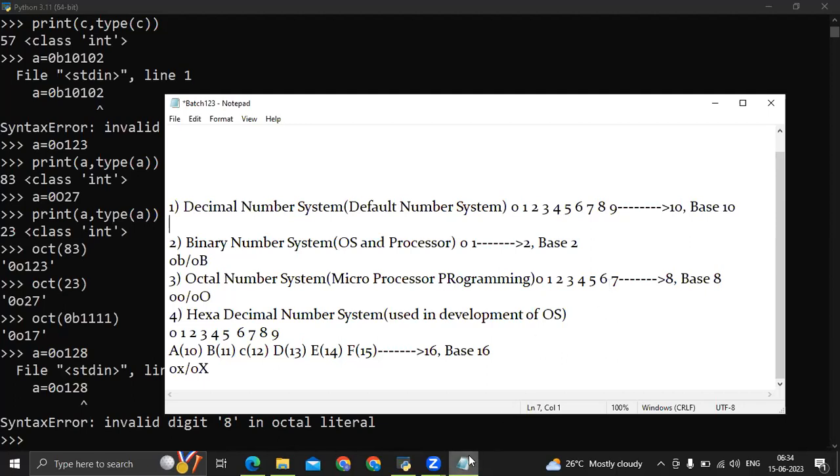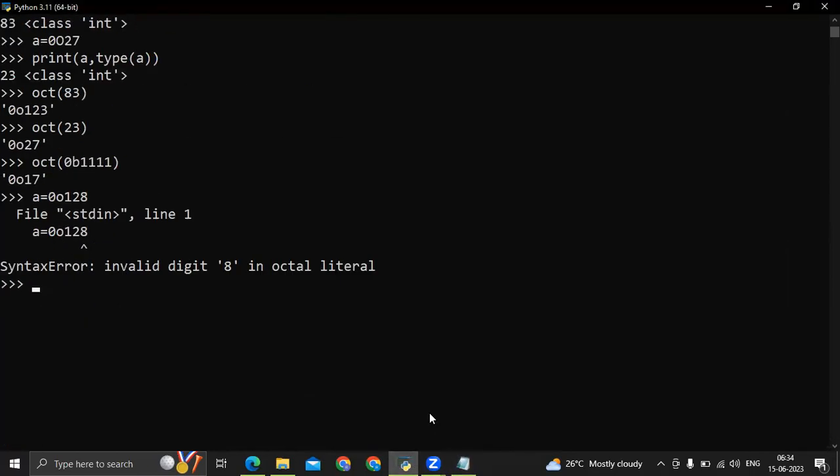Now, if I talk about the hexadecimal number system, let me show you. Let me write A is equal to 0xAC.